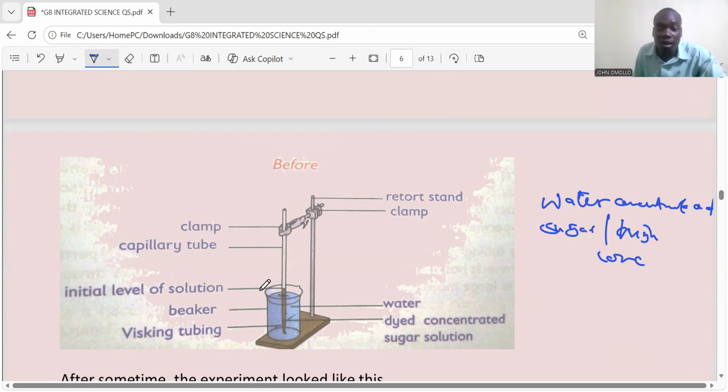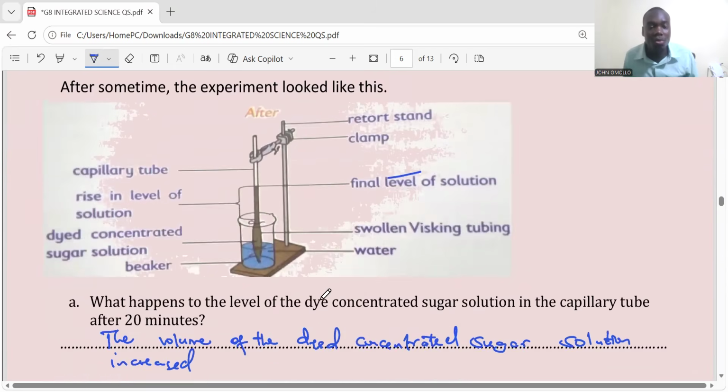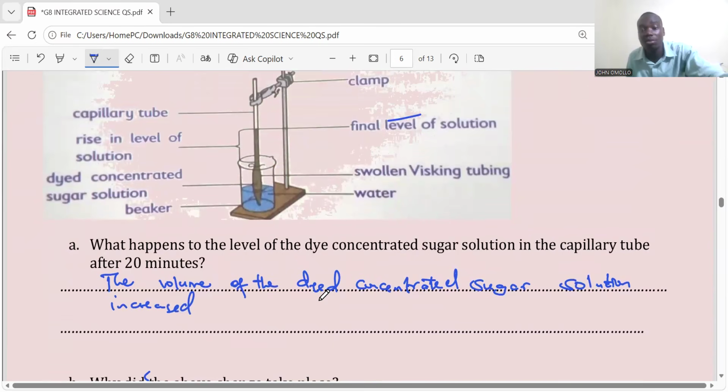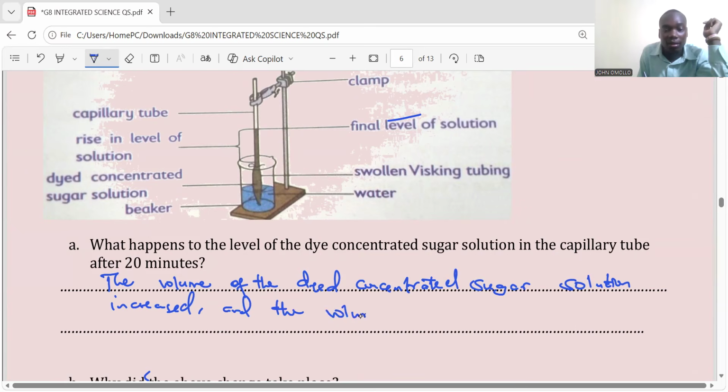Where we have water alone is lowly concentrated compared to where we have the sugar solution. So after 20 minutes, the volume of the dyed concentrated sugar solution increased, and the volume of water in the beaker decreased.